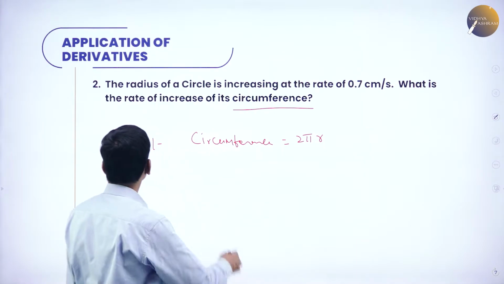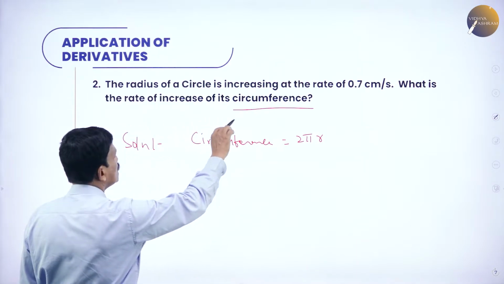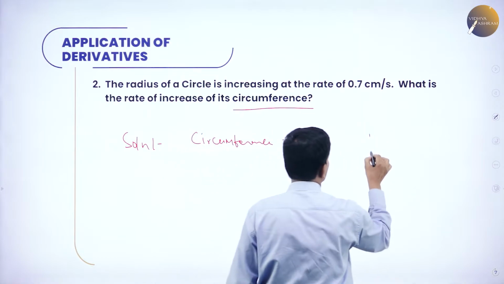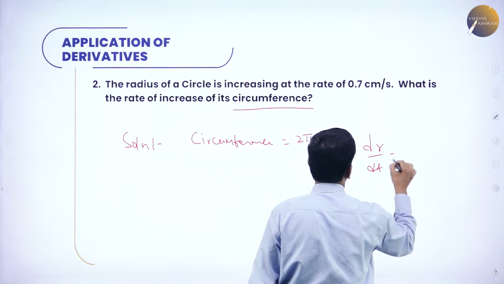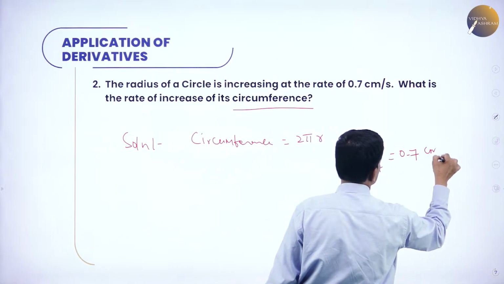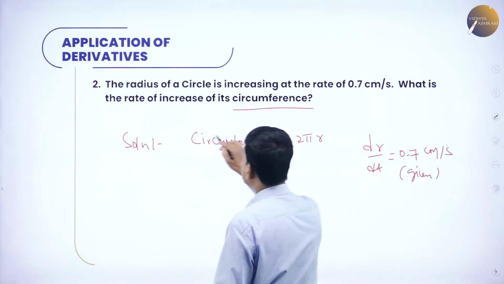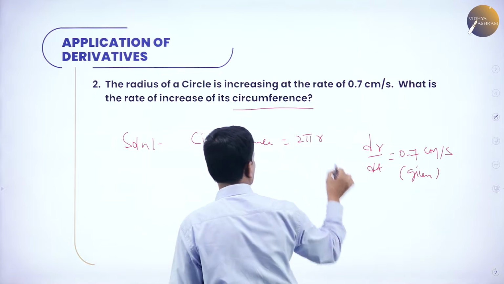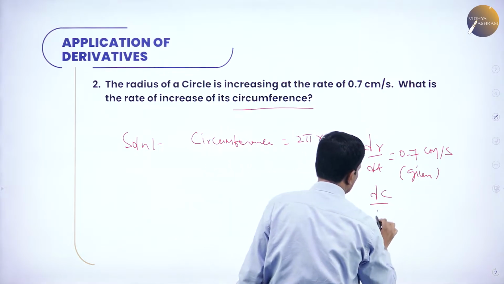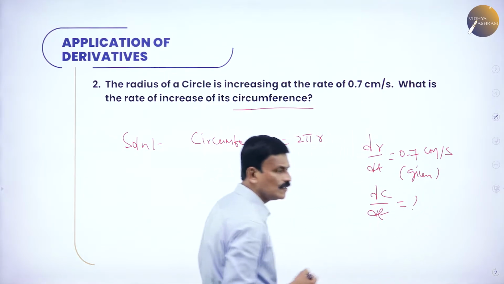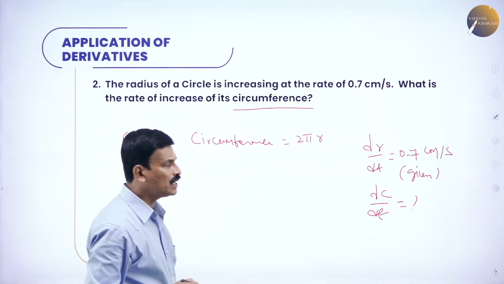Now, what is given? The radius of the circle is increasing at the rate dr by dt is equal to 0.7 centimeters per second. This is given. What is the rate of increase of its circumference? So, what is required to find is dC by dt. This is to be determined. Very simple.